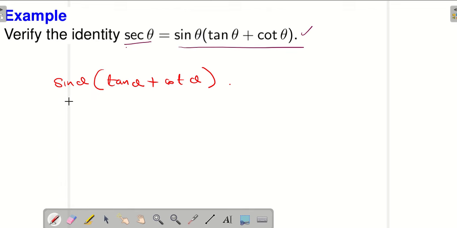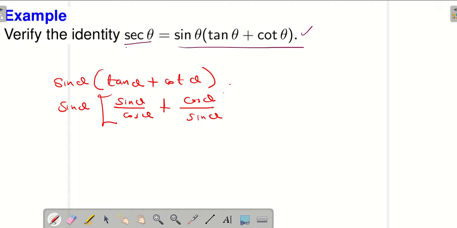Then I know that tan theta is the same as sine theta over cos theta. Then also cot theta is the same as cos theta over sine theta. Now I can multiply through by sine theta.